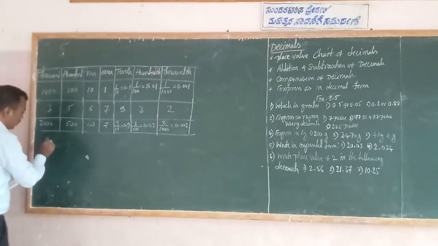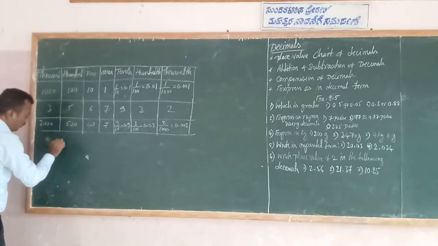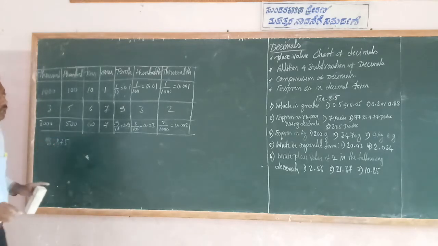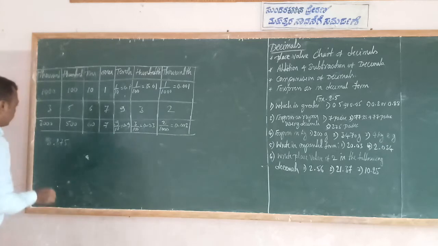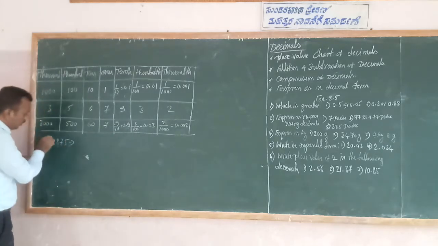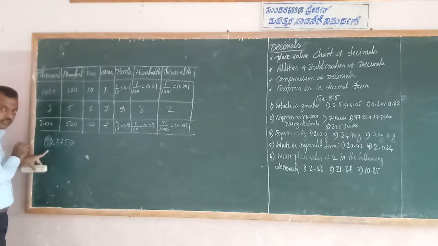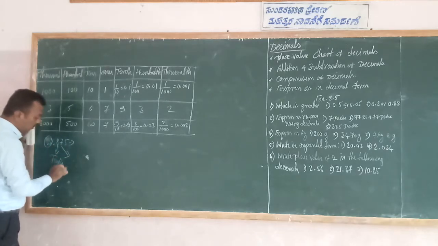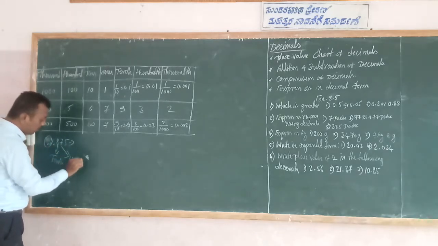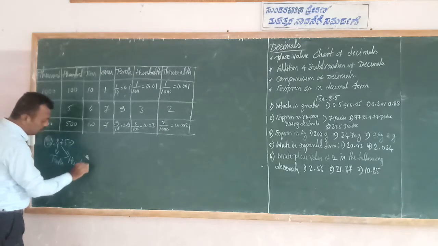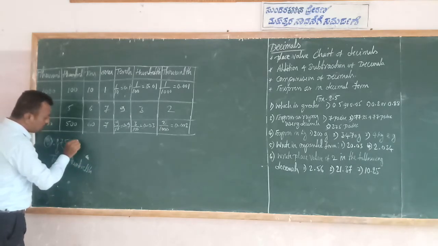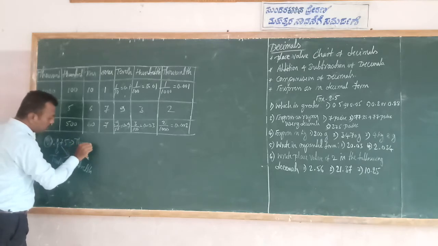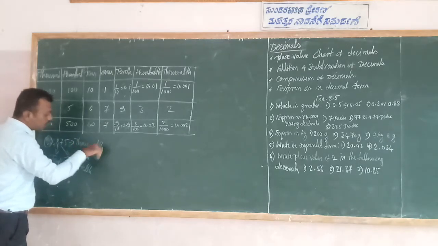One more thing, students. Suppose 3.875. In that, 3 is in the ones place, 8 is in the tenths place, 7 is in the hundredths place, and this is the thousandths place.